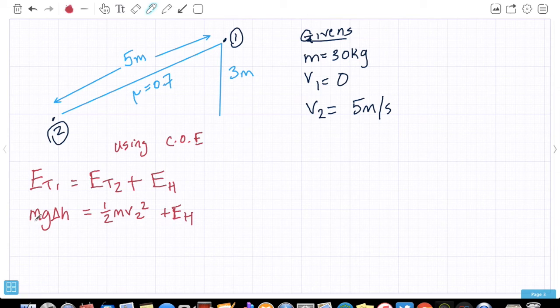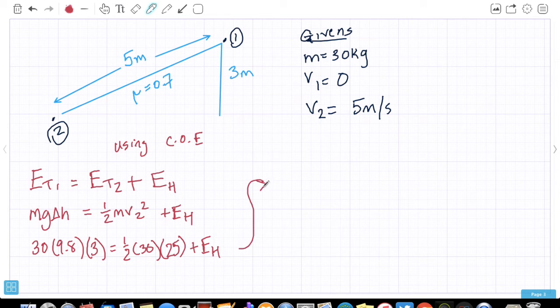And then we know that the mass is 30 times 9.8, and Δh is equal to 3, equals half times 30 times v squared, that's 25, plus EH. And when you rearrange that and solve for EH, you get 507 joules.